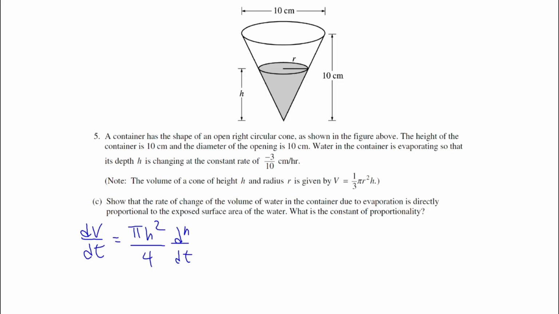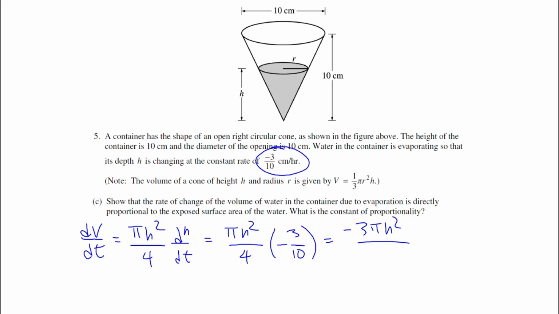And of course, we know that dh dt from the previous part of the problem, or not even from the previous part, but just from right here, is -3/10. So I can rewrite this as pi h squared over 4 times -3/10. Well, that looks like -3 pi h squared over 40.